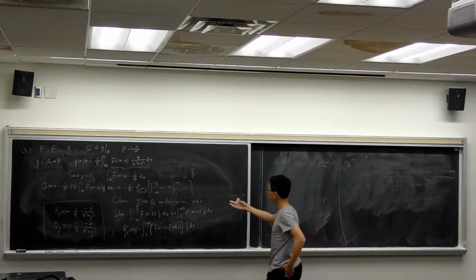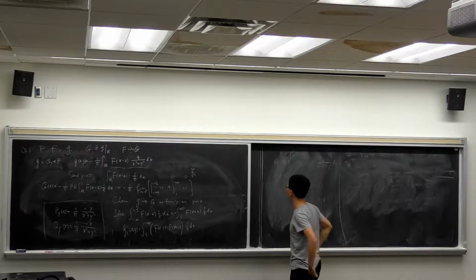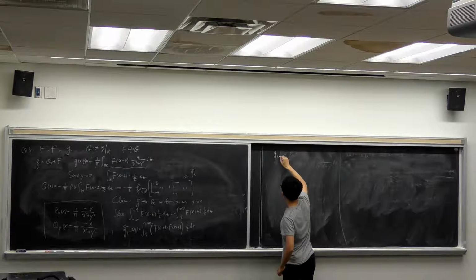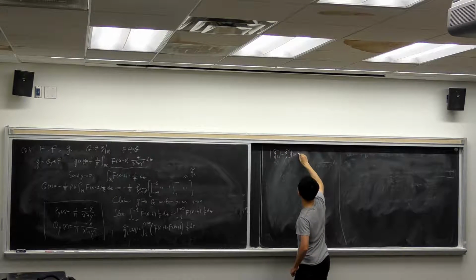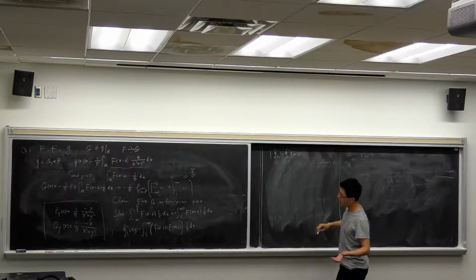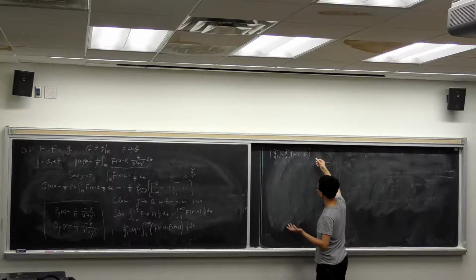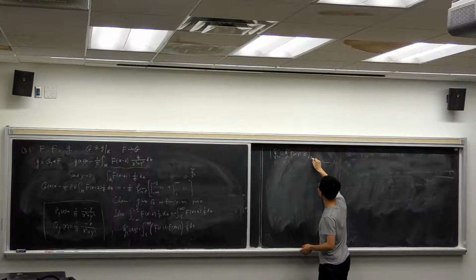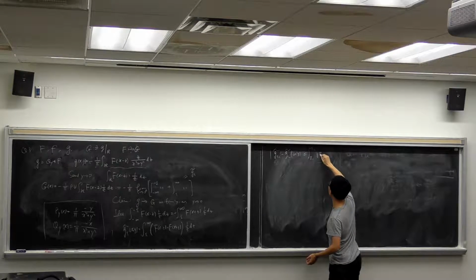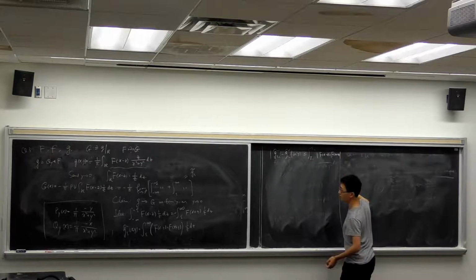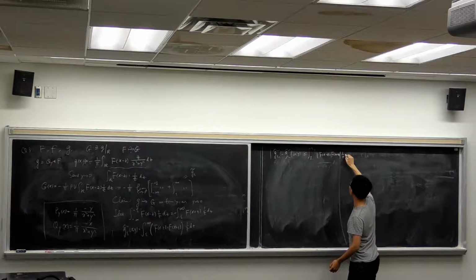First of all, why does this limit exist? Because if you consider g epsilon 1 minus g epsilon 2, this is less than or equal to, let's pretend epsilon 1 is less than epsilon 2, the integral of f(x minus z) minus f(x plus z), times 1 over z dz.